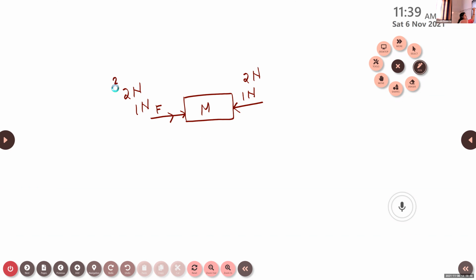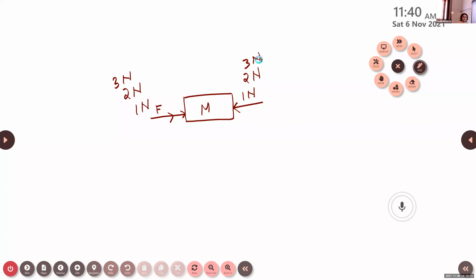If we increase it further to 3 Newton in the forward direction, static friction also increases the opposing force to 3 Newton. So if we keep increasing the external applied force, at the same time the static friction also increases the magnitude of the force from the opposite direction. That's why static friction is known as a self-adjusting force.